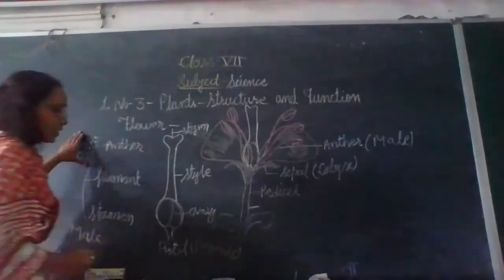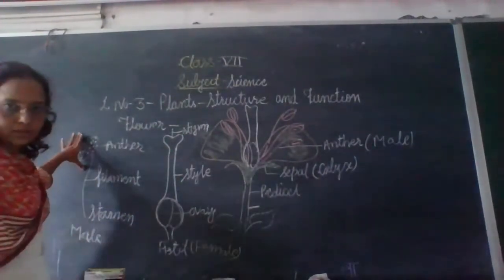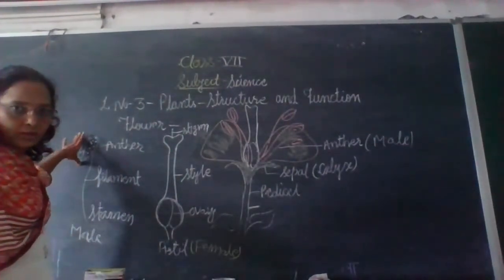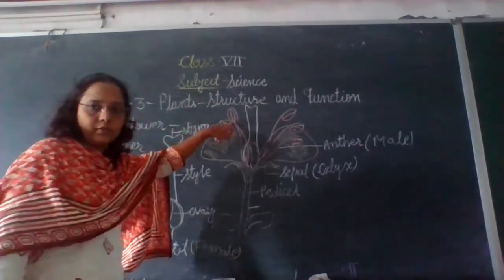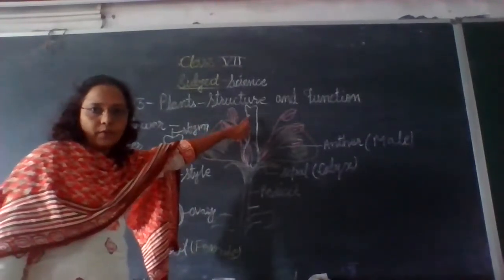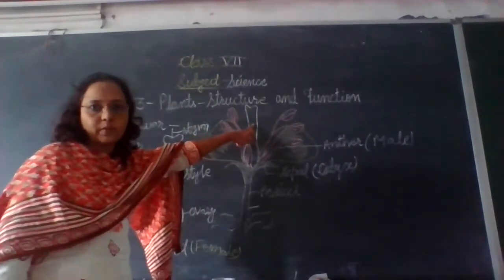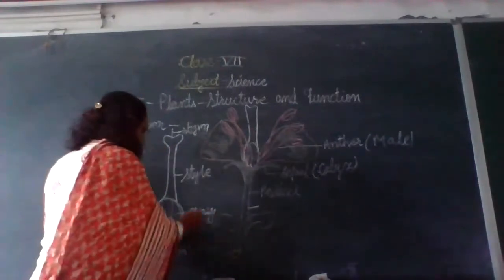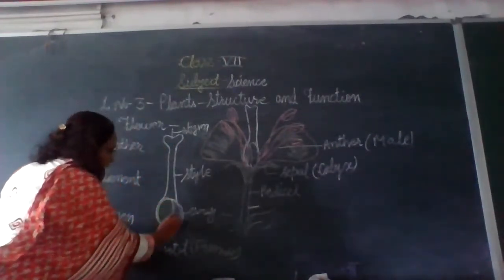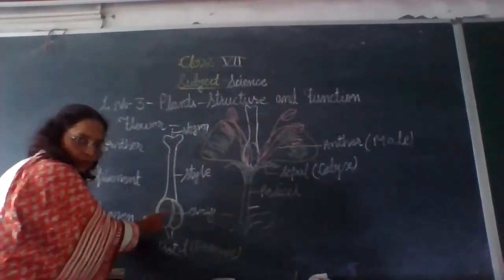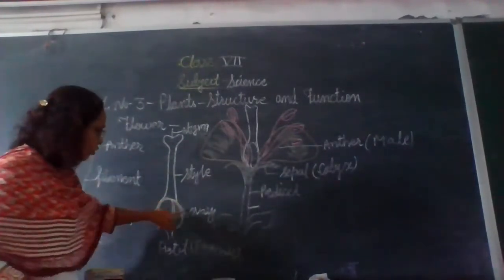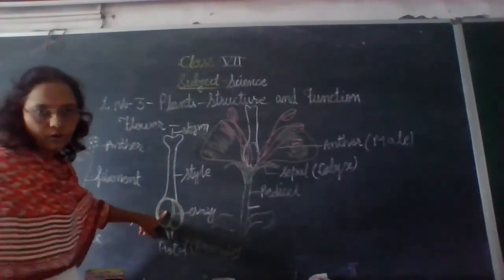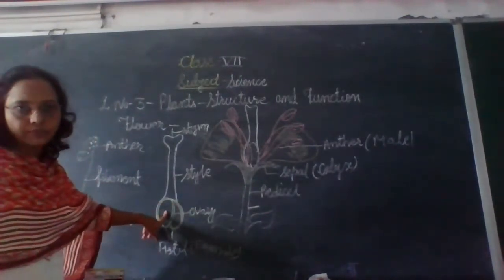So let's see what happens when these anthers mature. They fall on the stigma of the flower, and here fertilization takes place. In fertilization, the many ovules present inside the ovary form the seeds and the ovary becomes the fruit of the plant.